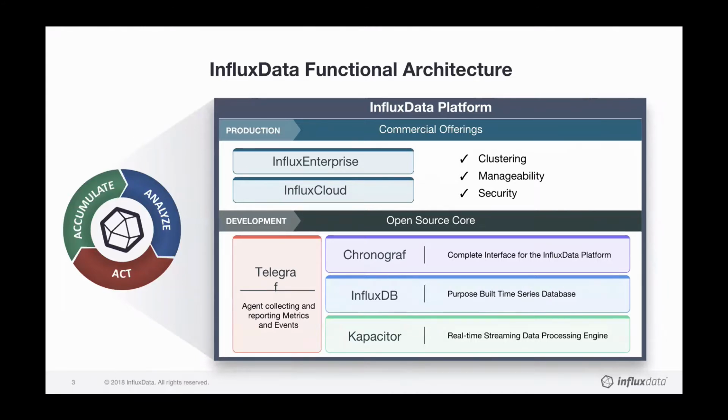So time is a very important point here. All of the data that's coming into this database will always have a timestamp. And specifically InfluxDB, that you can see on the diagram there, is a purpose-built time series database that's optimized for high volume ingestion and output of time series data.